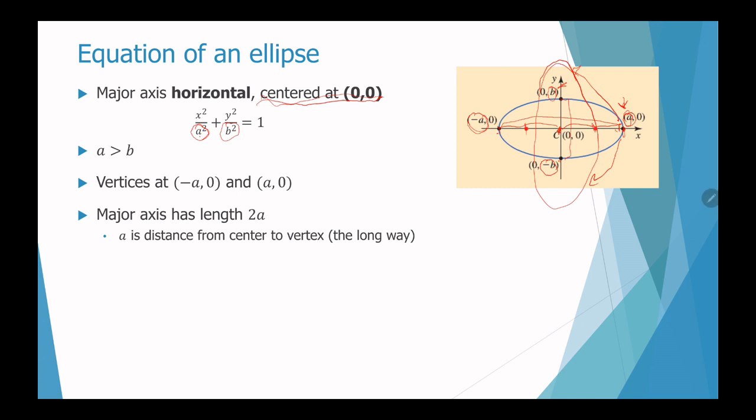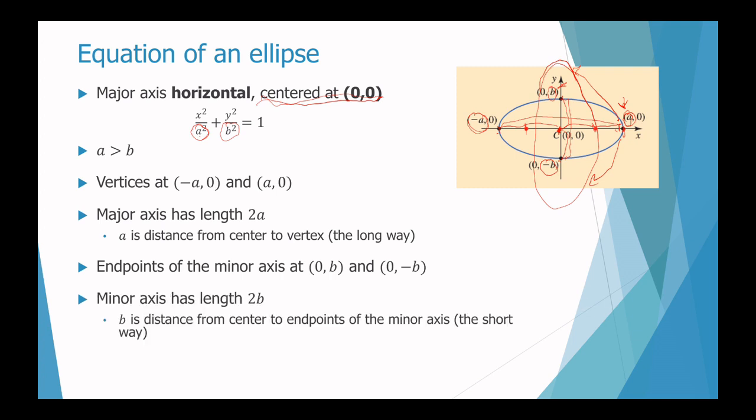And I guess I should say this would be b for the semi-minor and b for the semi-minor, so 2b on the vertical, or the minor axis. And then same thing.